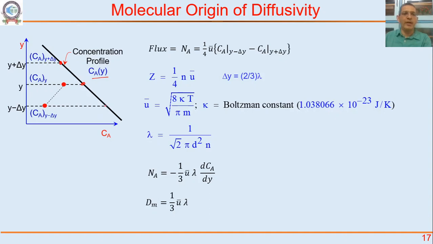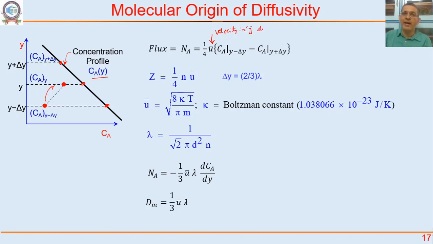At a location y minus delta y, the value of Ca is larger. Now if you imagine that molecules are moving at random, and they go and collide, or they go and transfer, or they go and mix with the plane at y, the number of molecules traveling per unit area, if you like, gives rise to this velocity in the y direction.